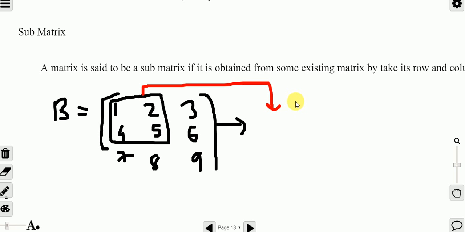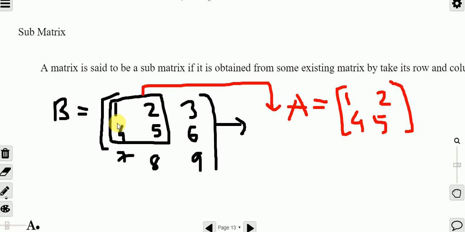The submatrix will be denoted by A and is written as 1 2, 4 5. So these were a few elements of our main matrix B, and out of that main matrix we have taken a small 2 cross 2 matrix A, and this matrix A is known as our submatrix.